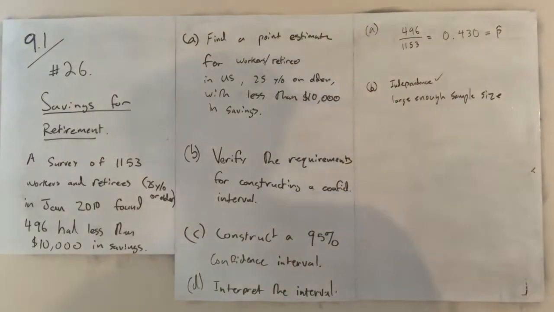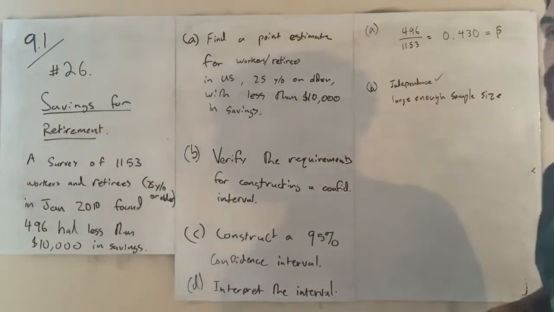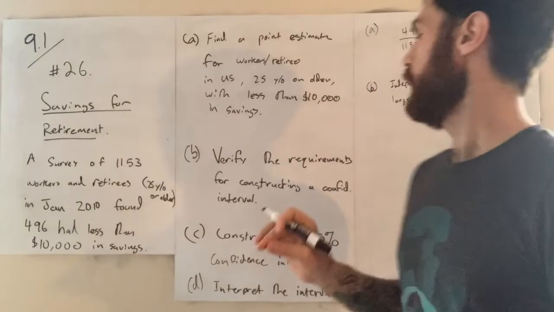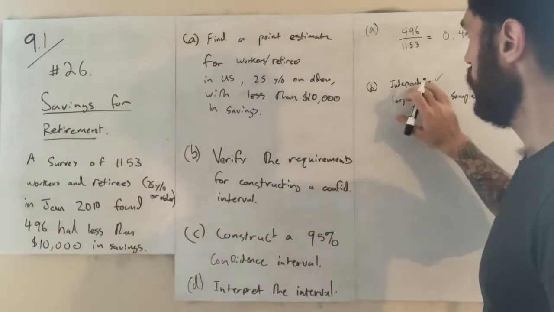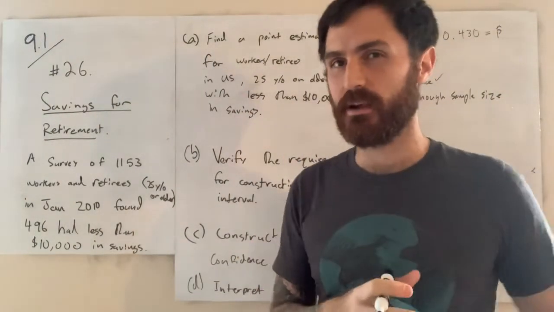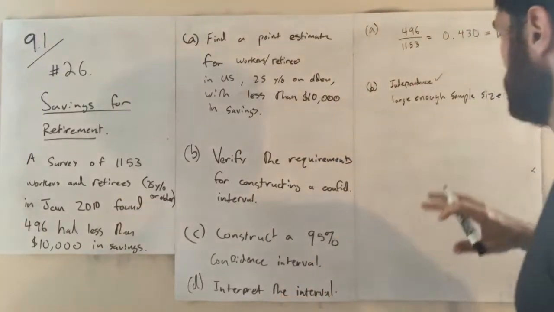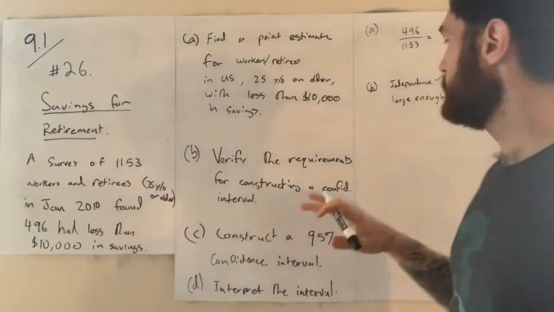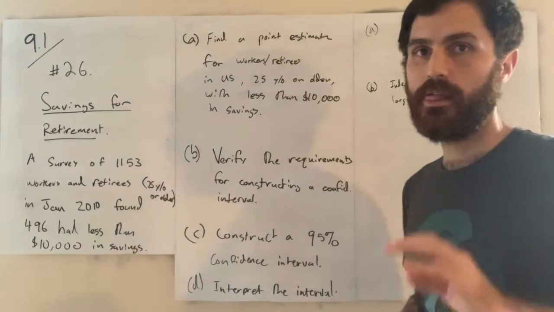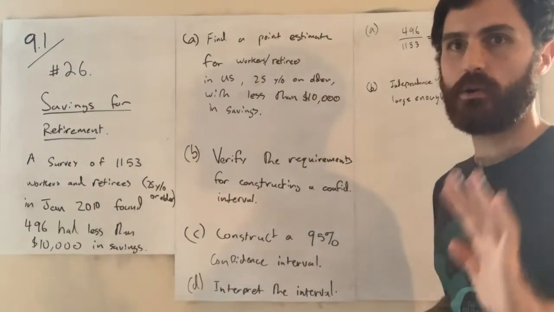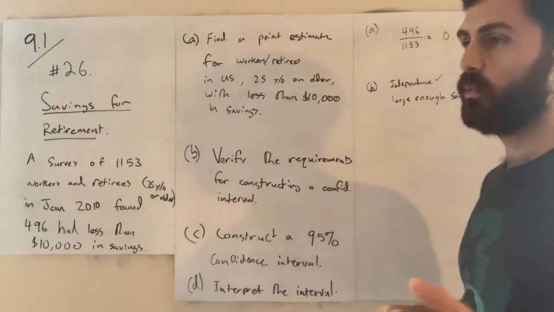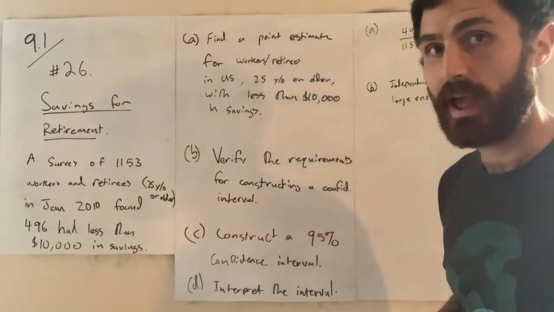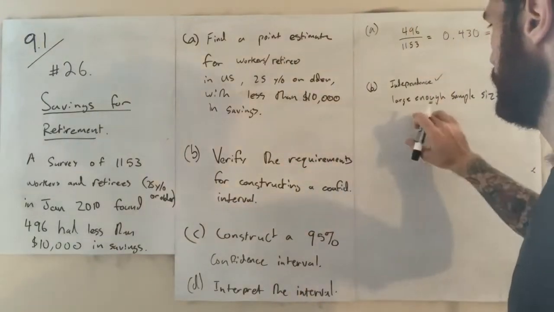Okay, independence is satisfied. Now, is our sample size large enough? It's kind of funny, this interplay. We want independence, so we want our sample size to be small enough, but we also want it to be large enough. This is so we can assure that the central limit theorem works, the limiting aspect of it, the growing of the n.